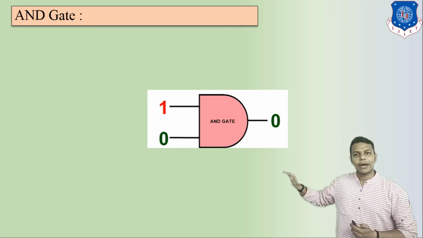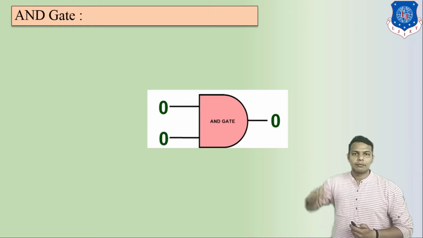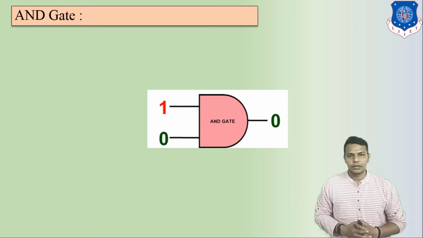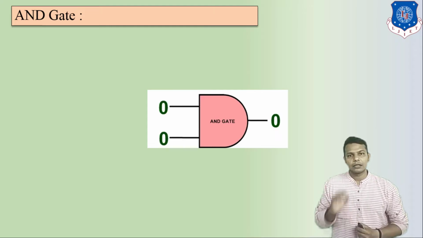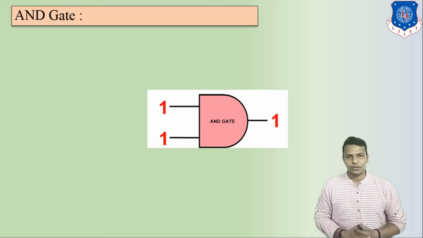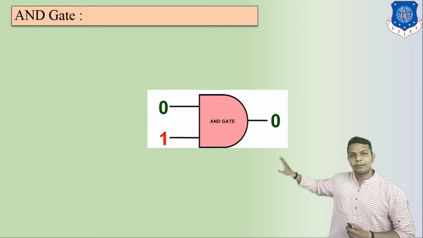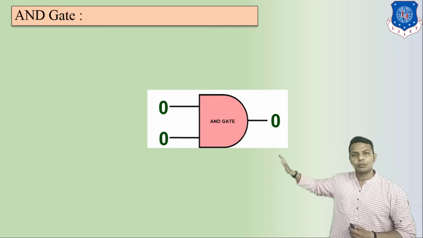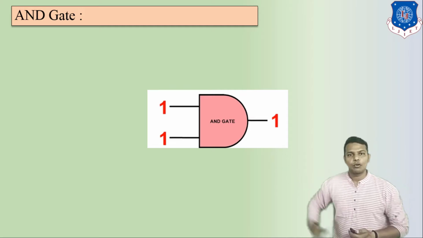Whatever you provide at the input side, you will get the multiplication of those inputs. That means if both input values are 1, then and only then you will get 1 at the output side. Here we can see an animation of input to output, the relationship between the input and output.